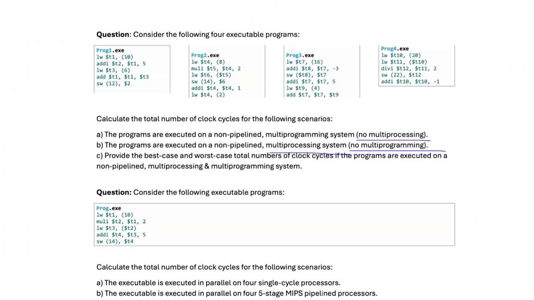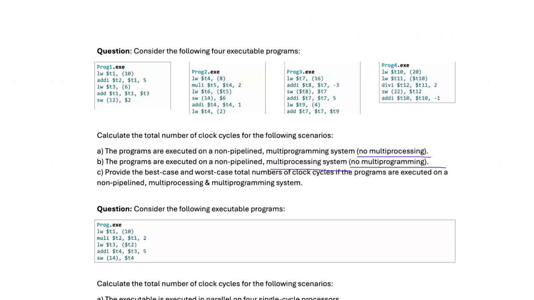So, okay, there are no branches here. We could just count these up then. 1, 2, 3, 4, 5. So this is 5. 1, 2, 3, 4, 5, 6. 1, 2, 3, 4, 5, 6. And 1, 2, 3, 4, 5. Okay, cool.